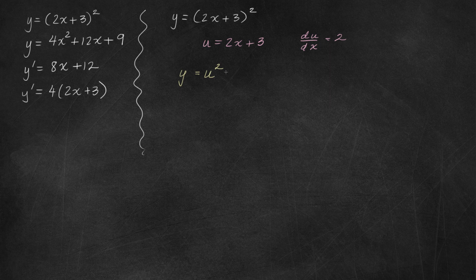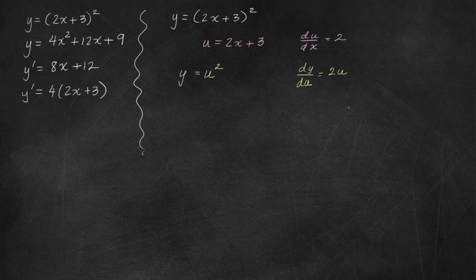Now if I take the derivative of u squared, I get 2u. But again, think about what that is the derivative of. That's the derivative of y, so it's dy. But it's not with respect to x, it's with respect to the variable u, so it's dy du. dy du equals 2 times u, using our power rule.